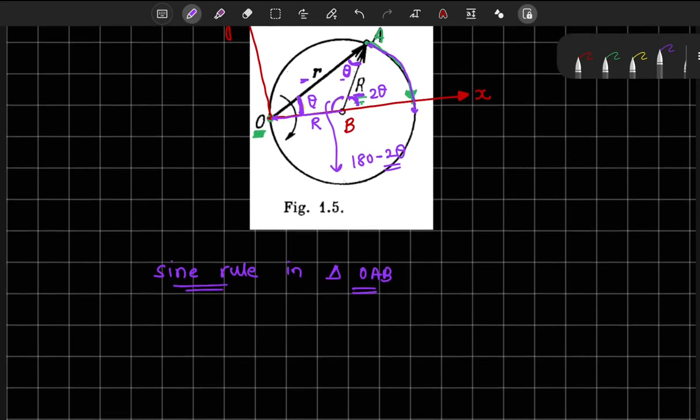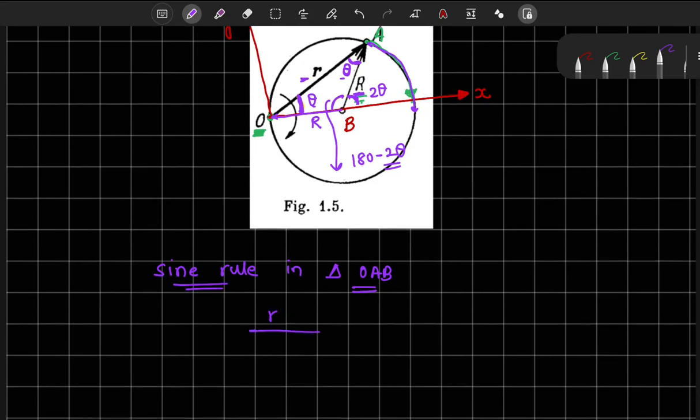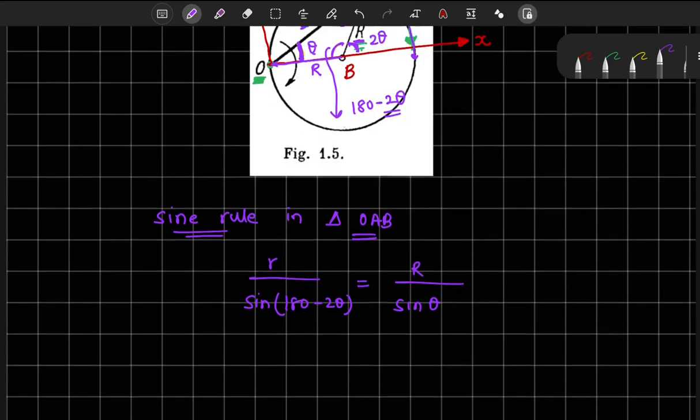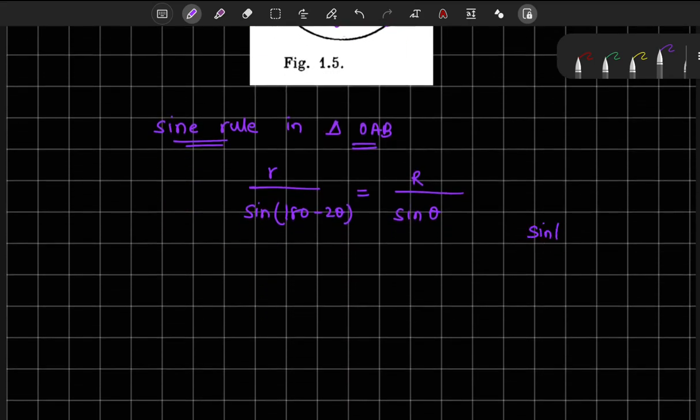We can write small r divided by sine of the opposite angle, that is 180 minus 2 theta, equal to R divided by sine of the opposite angle, that is theta, and sine of 180 minus 2 theta is equal to sine of 2 theta.